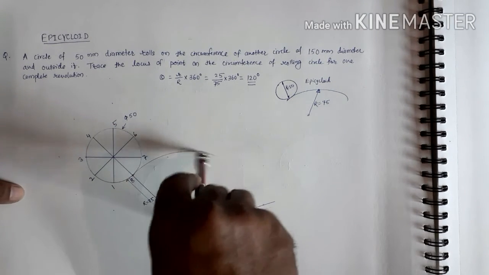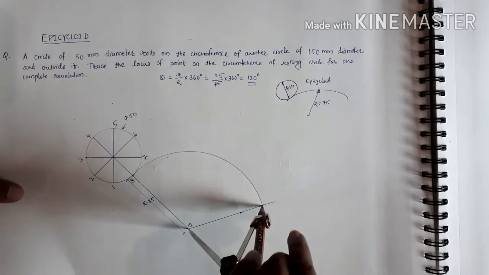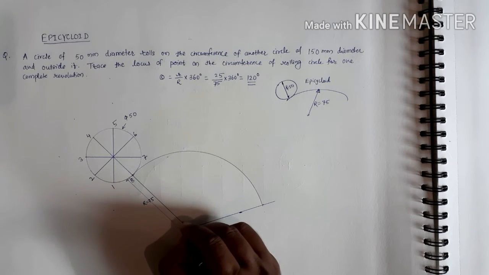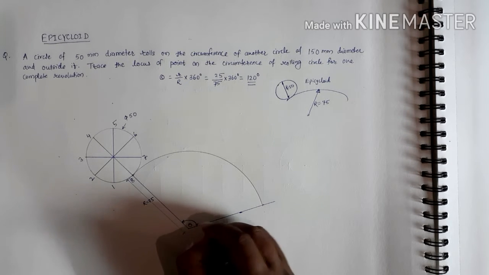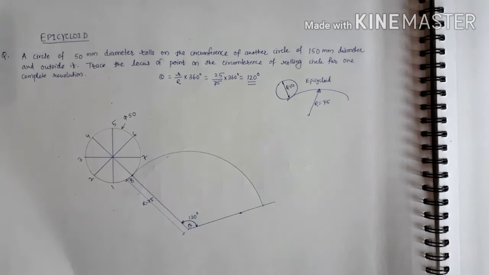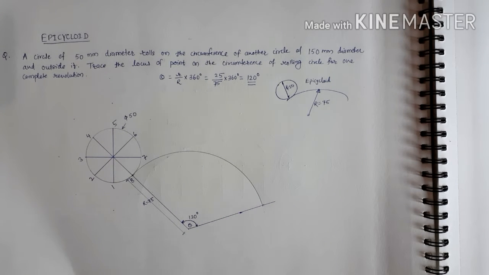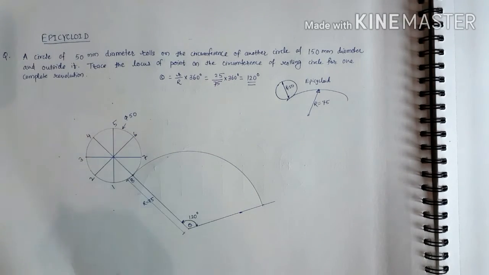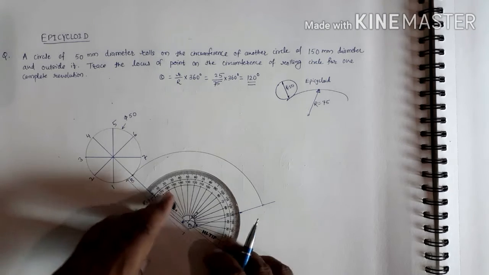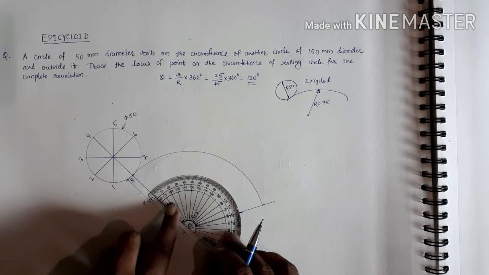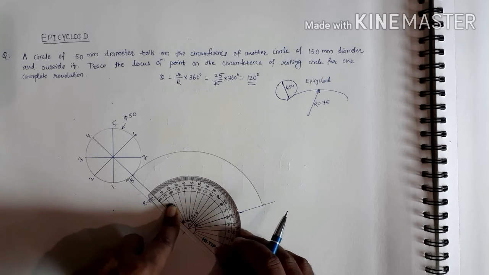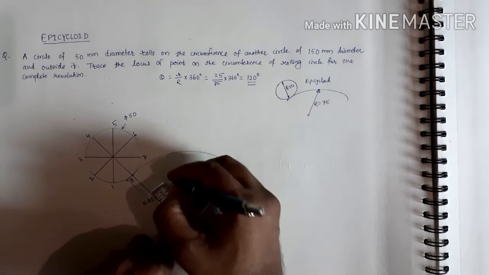That 120 degree will be divided in 8 parts again. Now first draw arc from point 8. Similarly draw arcs from all the points, that is first, second, third, fourth, fifth, sixth, seventh. Now third step, divide this 120 degree in 8 parts, similar way how we divided for circle.